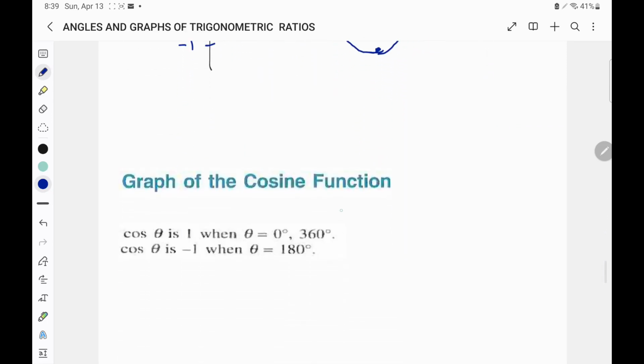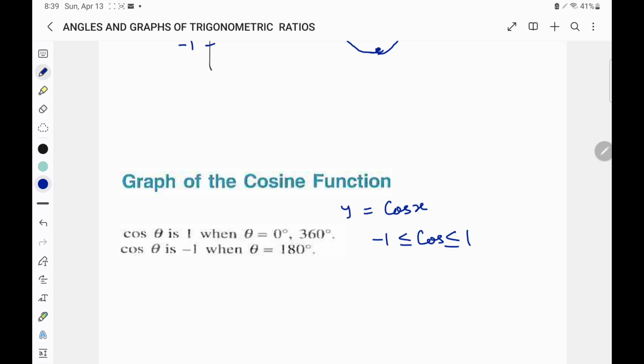For example, we have to draw the graph of y is equal to cos x. Okay, so for this function y is equal to cos x, obviously it also lies between -1 to 1. Remember, at 0 and at 360 degrees it's 1, and at 180 degrees it's -1.